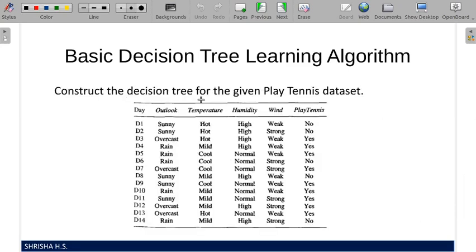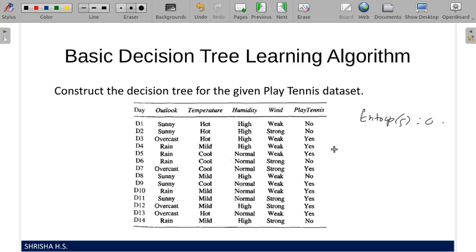Now let's construct the decision tree for the play tennis dataset. Let's have a look: outlook, temperature, humidity, wind, and the final target concept, play tennis, yes or no. Before starting the problem, observe that if all the instances are positive or all are negative, then entropy of S is 0.